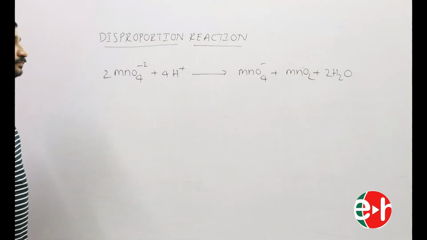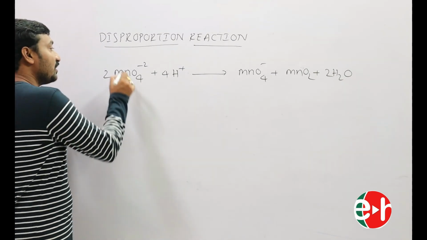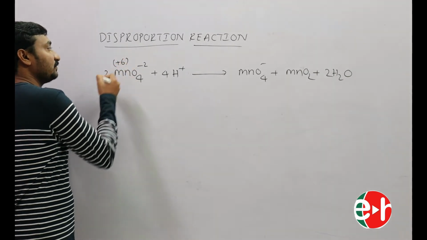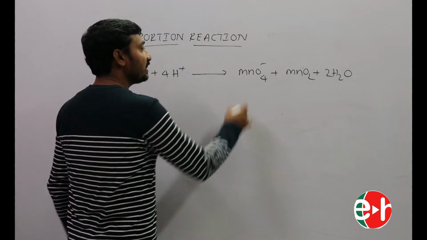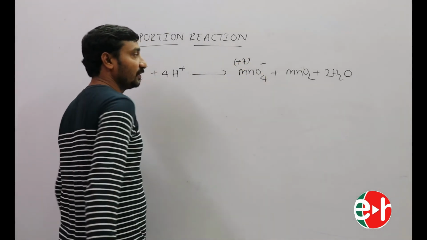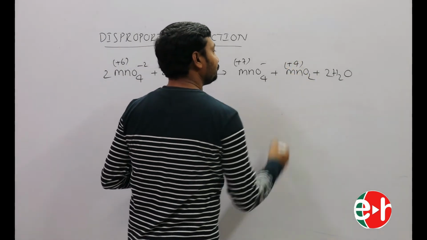Okay, now see this reaction. In this one, manganese oxidation state +6. In this one, manganese oxidation state +7. In MnO2, manganese oxidation state +4.